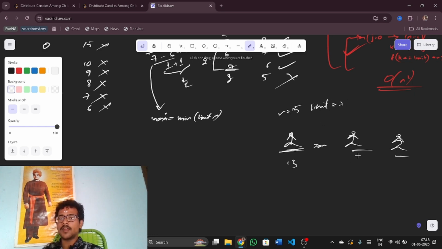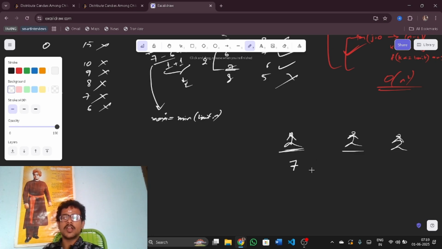Now, how many candies can I give to child number 2? I can give 2 candies and 0 candies. But if I give 13 candies first, I cannot even go further. So what I'll do is decrement that, and I will give the maximum number of candies to the child.